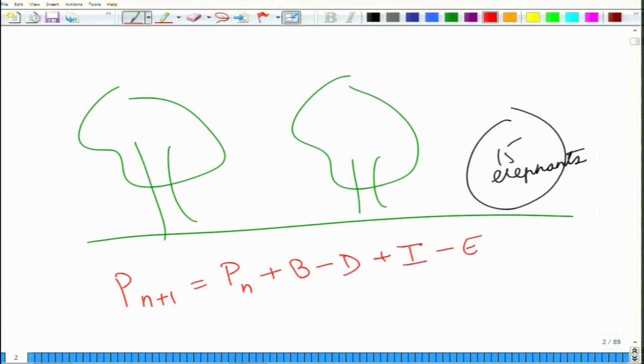Now if we are saying that Pn plus 1 is equal to Pn, because nothing is changing with time, in that case Pn and Pn get cancelled away and you get this equation that the number of births plus the number of immigrations is equal to the number of deaths plus the number of emigrations.